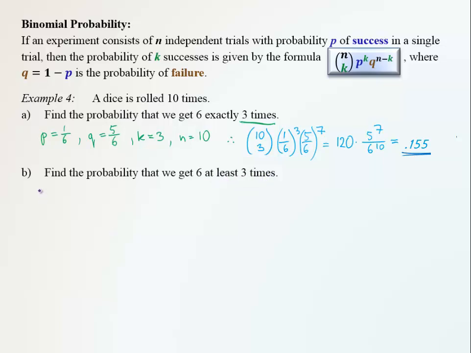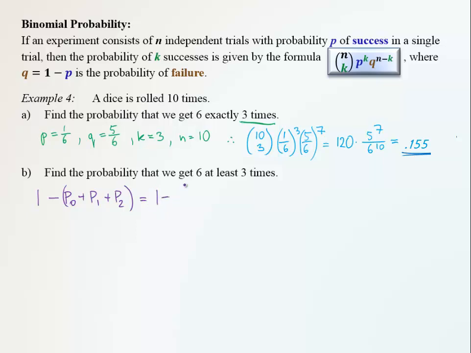So it's a lot easier to start with 1, as probability of all possible outcomes is just 1, and subtract the probability of the complementary event. That means probability of getting 6 less than 3 times, which means 0 times, 1 time, or 2 times. So let's mark those probabilities as P0, P1, and P2.